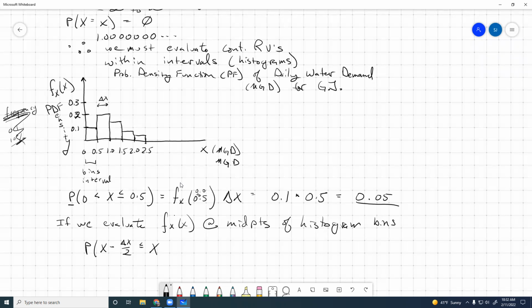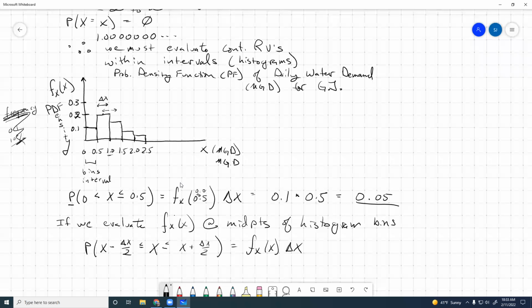So if we're interested in some value of x, we're going to evaluate it at the midpoint. Say x equals 1, we're going to go x minus delta x over 2, half the bin width over this way, and x plus delta x over 2, half the bin width this way, which is equal to evaluating that PDF at x times delta x.